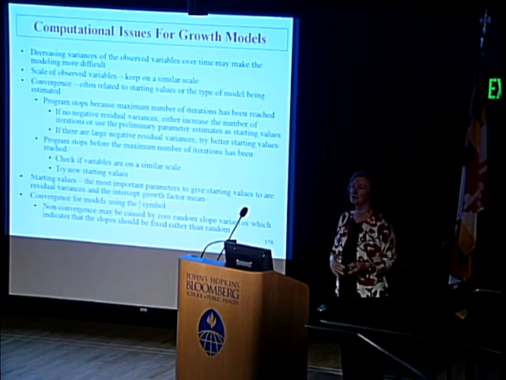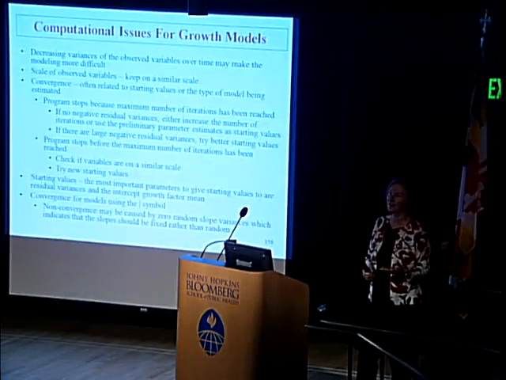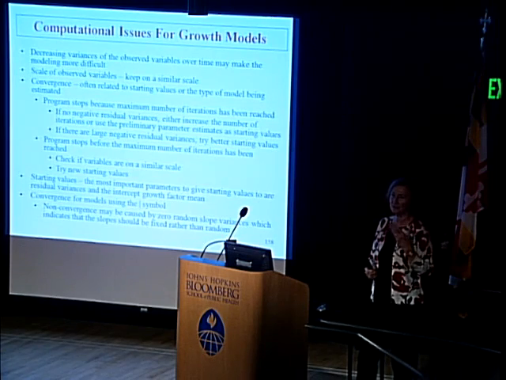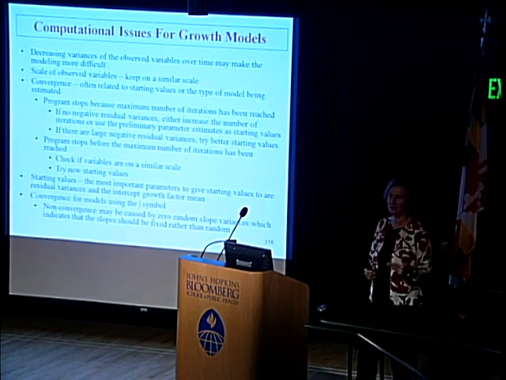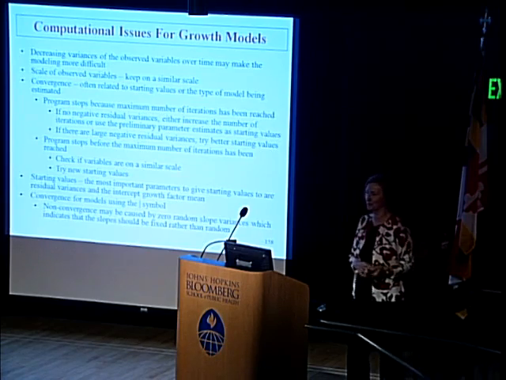I'll say one thing about version 6: whenever a model doesn't converge, starting with version 6, we will give you model command statements including starting values. The starting values will be the ending values from the non-converged run. So that should help you.